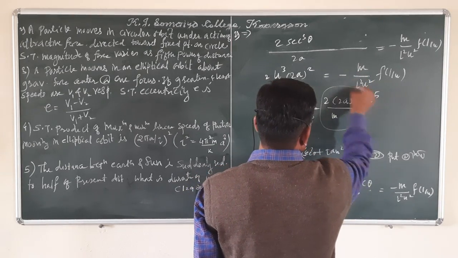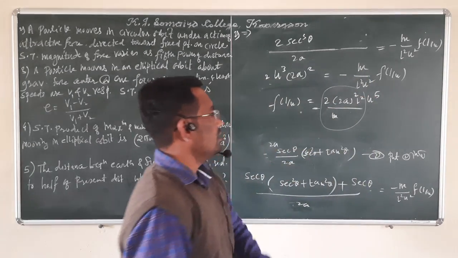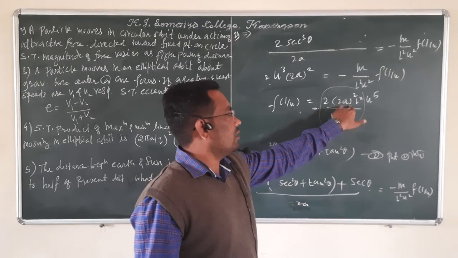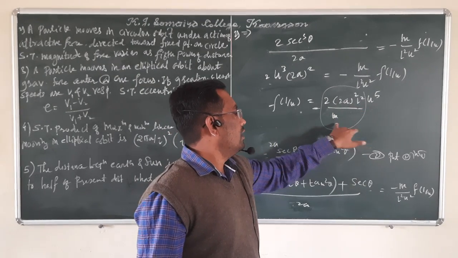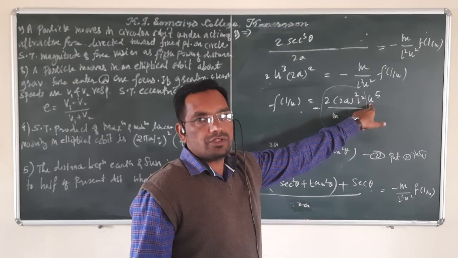So all this term is constant. See, 2 is constant, 2a square is constant, l is constant, m is constant, and u raised to 5.